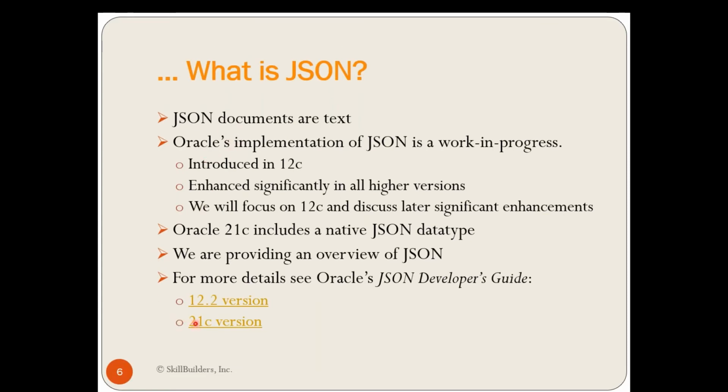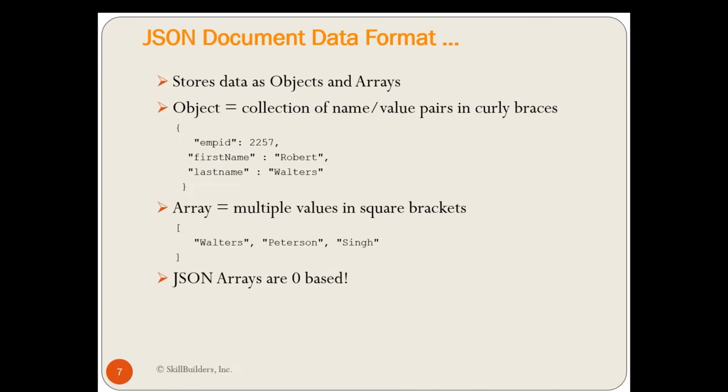All we're doing is an overview of JSON in Oracle, of course. And there are developers guides in the documentation, full developers guides for every version of Oracle. So you can just go to that and click on the links. Okay, so what's the JSON document format? It stores data as either objects or arrays. There's only 2 different structures, objects and arrays.